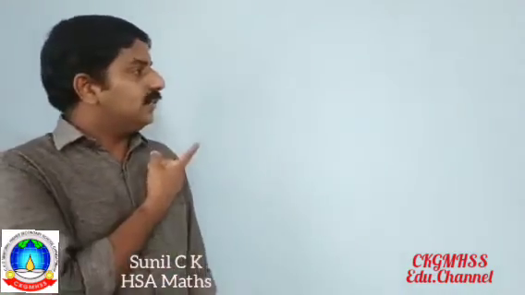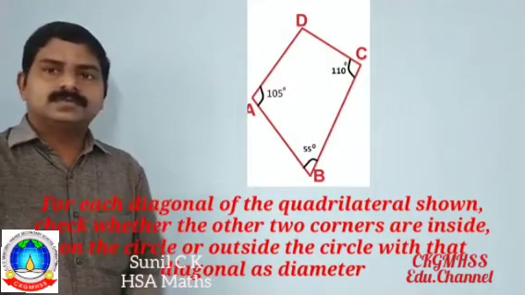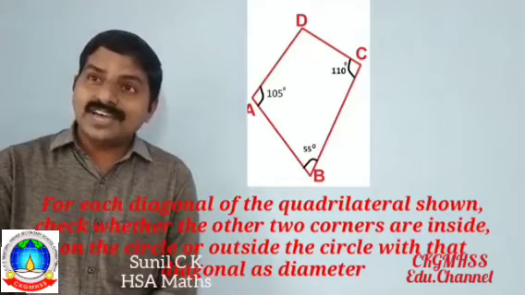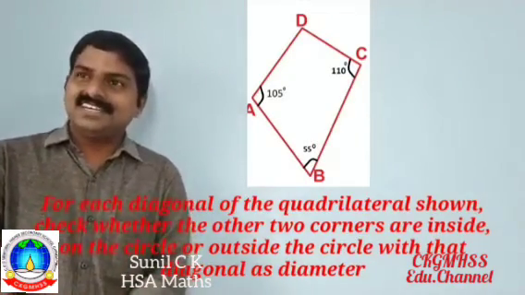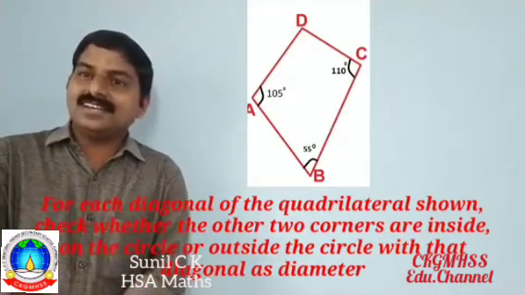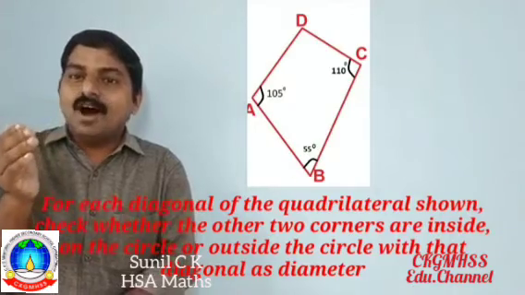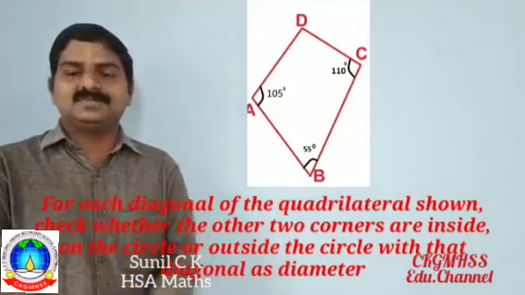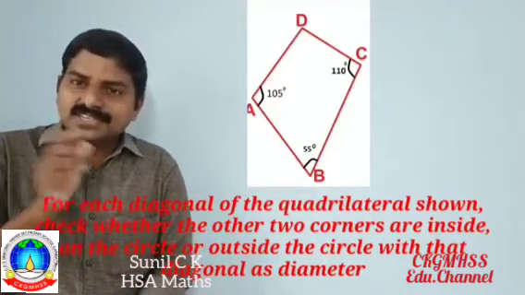Okay, then the next problem, the second problem. See the problem. For each diagonal of the quadrilateral shown, check whether the other two corners are inside, on the circle, or outside the circle with that diagonal as diameter.